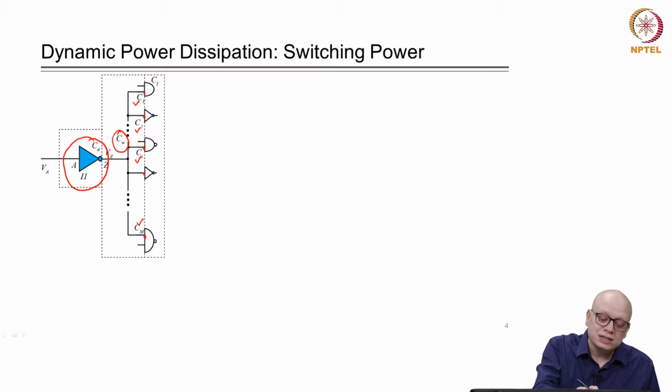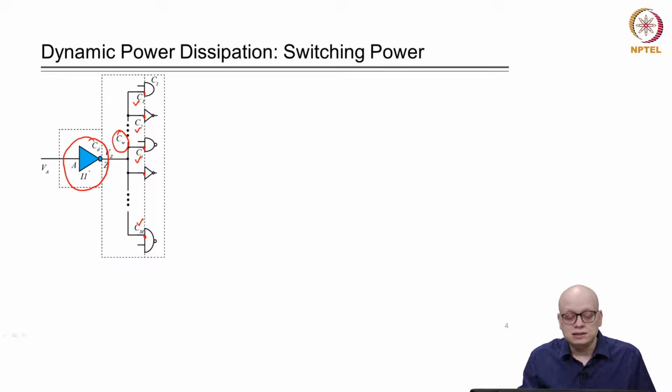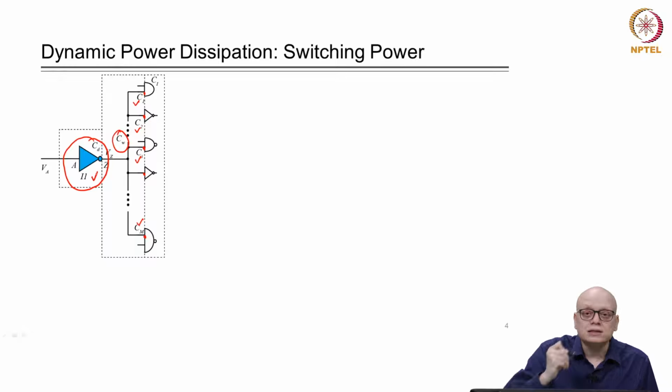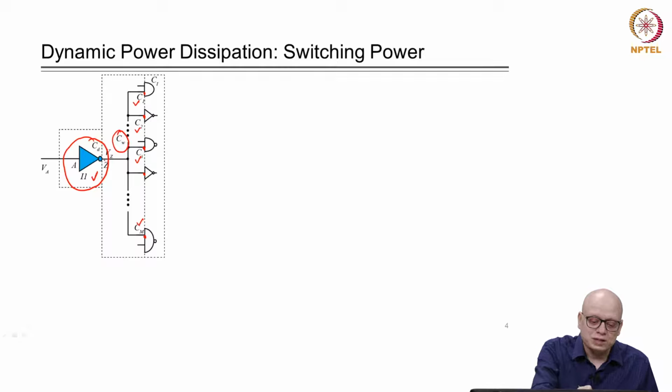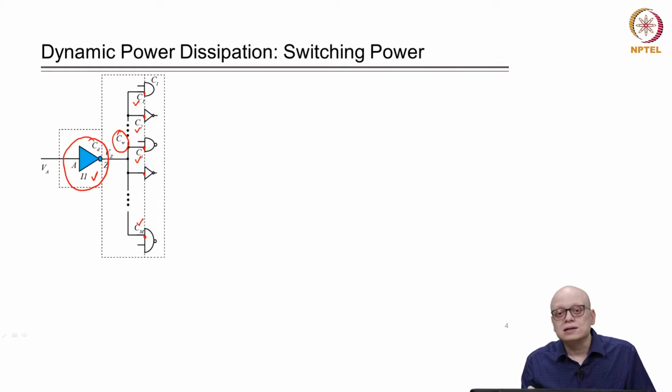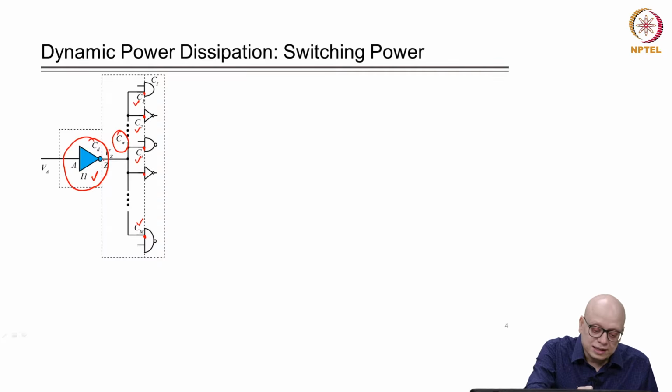Additionally, let us assume that the CMOS inverter also has some internal capacitances, for example, drain diffusion capacitances, which can be considered as connected to the output node Z. That is represented as CD.